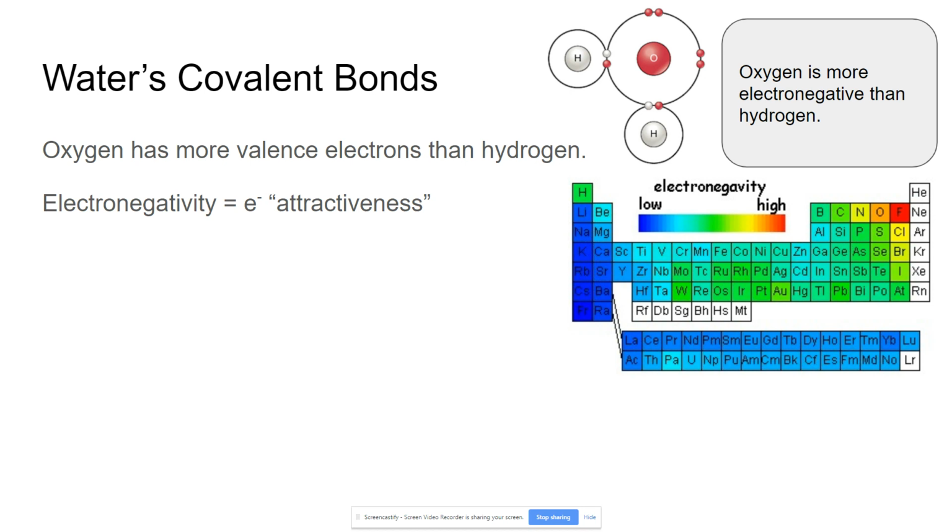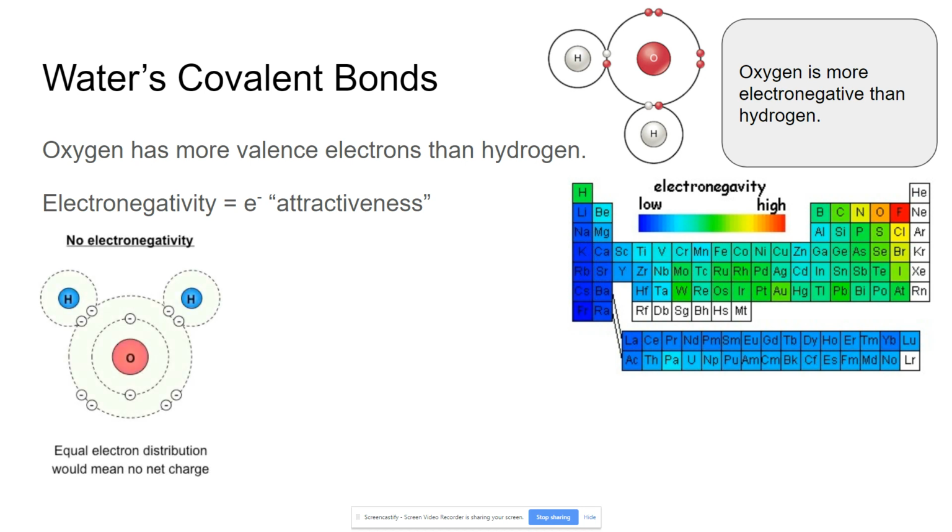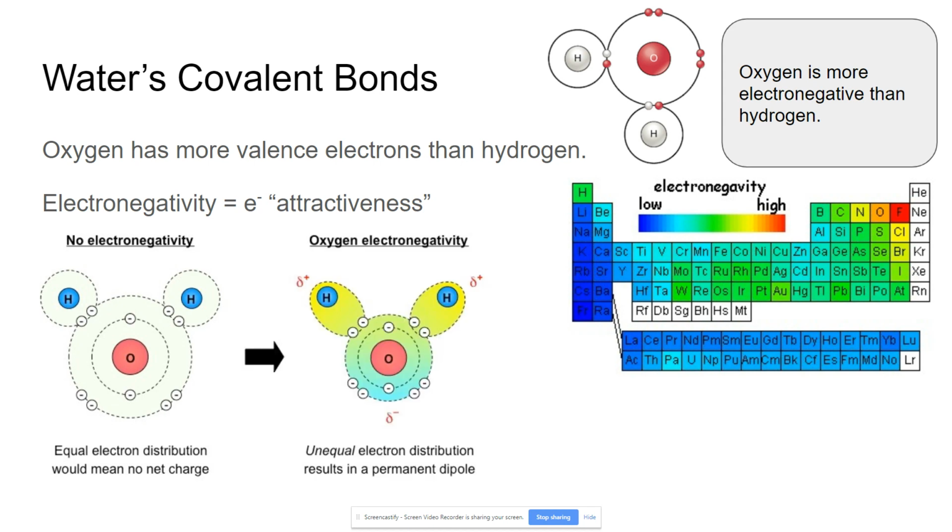Well, if we ignored electronegativity, what we would think about a water molecule looking like is this, in that you have an equal electron distribution, and things would be distributed evenly, so you wouldn't have any areas of high positive charge or high negative charge. But because oxygen likes to pull those electrons that hydrogen is sharing with it in the covalent bond, water molecules look a little bit more like this, where you have this unequal distribution of electrons, and that results in some unequal distribution of charge.